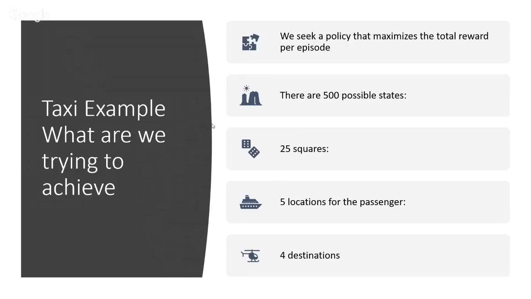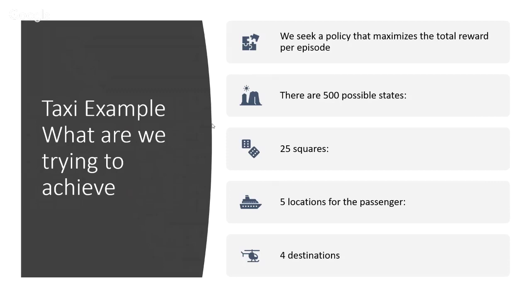Now, as you know, the main goal of this example is to maximize the total reward per episode. So if it can find a way to pick up the passenger and take it there as quickly as possible, then it will maximize that reward. It will get that 20, but it will get less of a minus if it does it quicker.